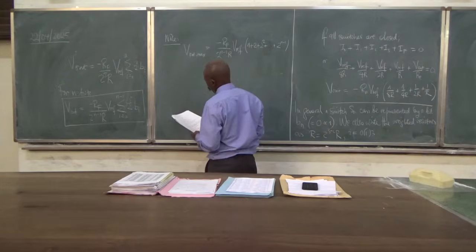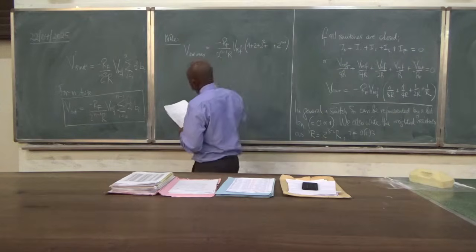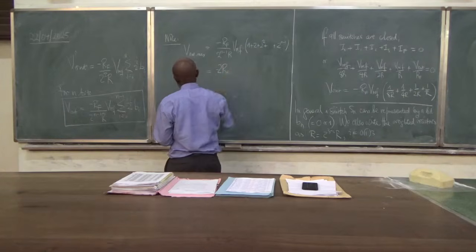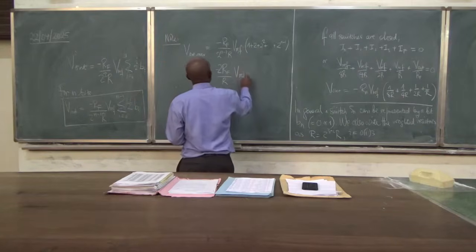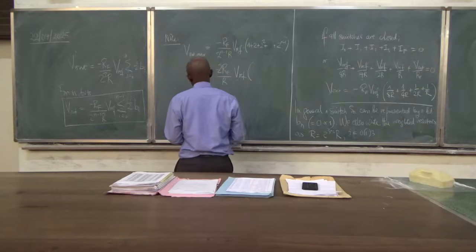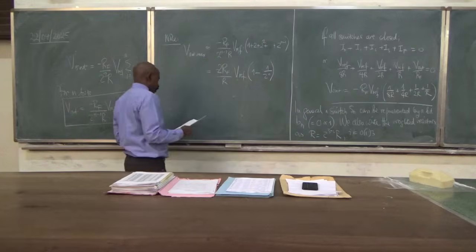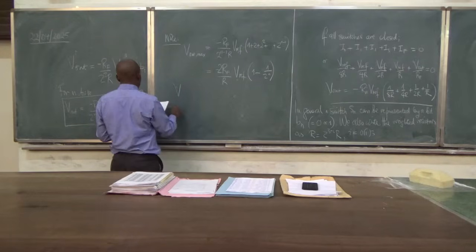And then this would be the same as minus 2 RF over R, V ref, in 1 minus 1 over 2 to the power n. So V out minimum.